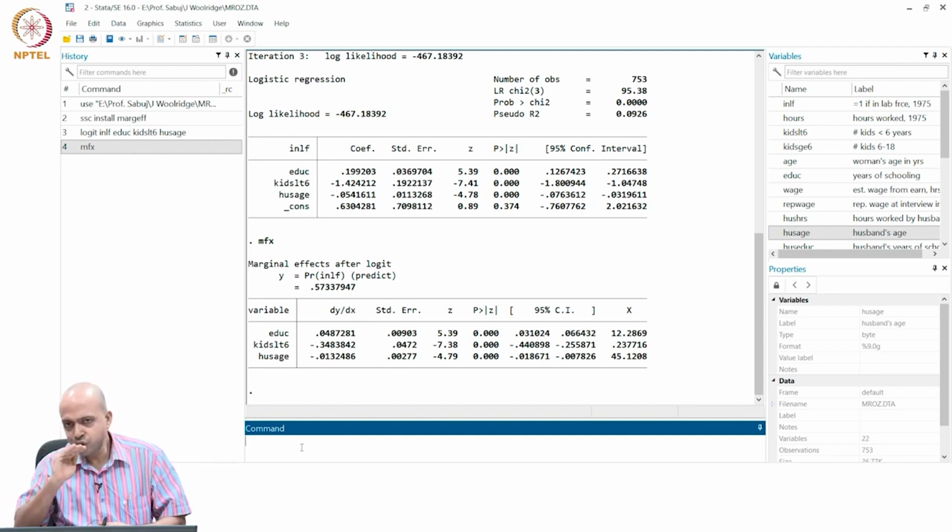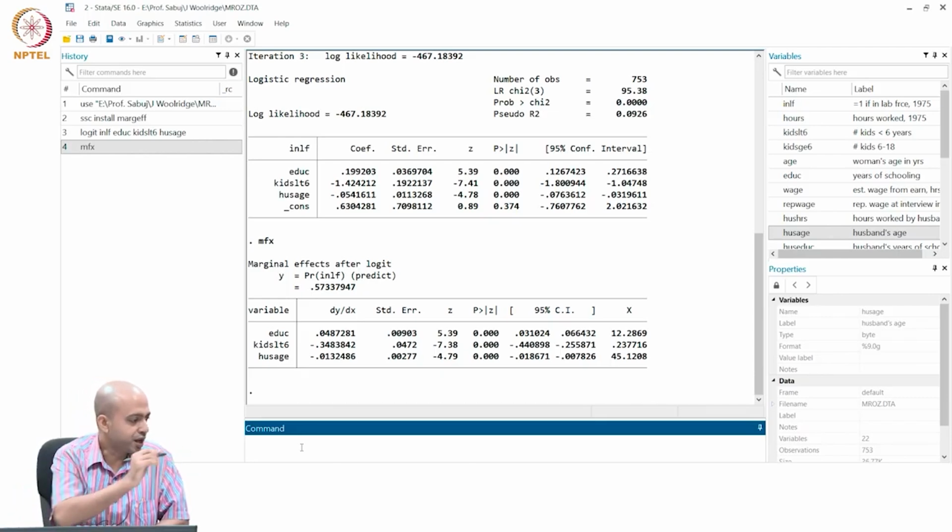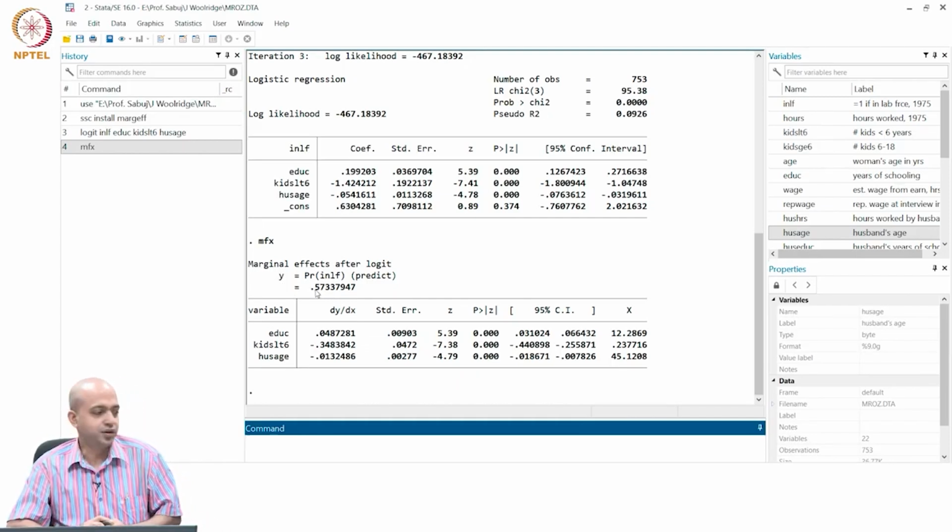You need to calculate a base probability based on which all these changes are calculated, and the base probability is calculated using the y value that the data is showing. This is your yi hat, that is, your pi hat, equal to 0.57. Now, what is this probability?